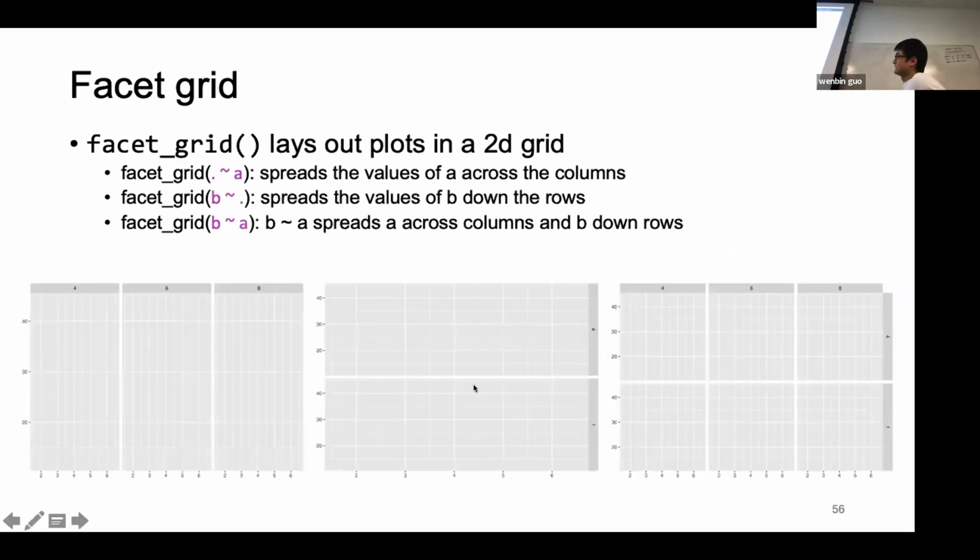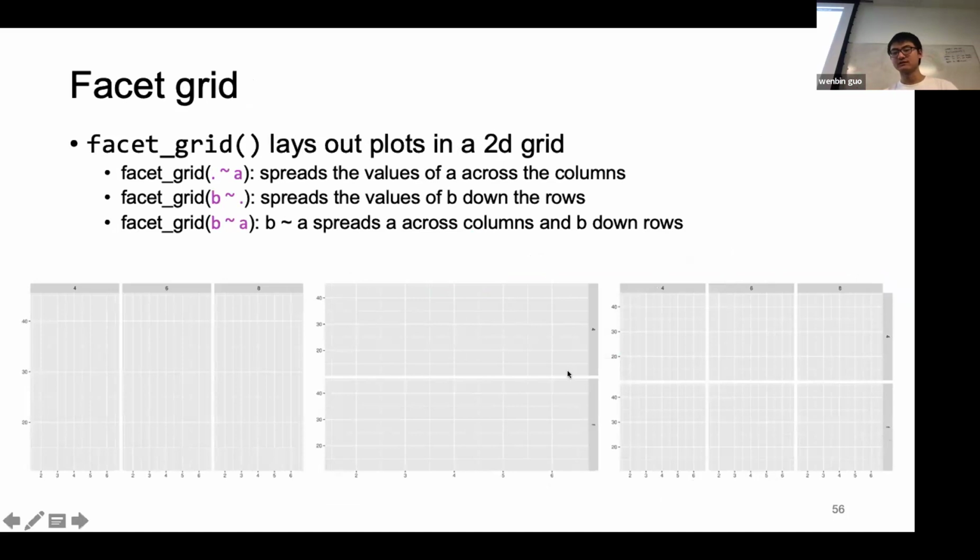So the facet grid is doing something similar, but you actually have 2 variables to control the faceting. So again, for example, you have one variable denoting group 4, group 6, group 8, and another variable denoting it to be either 4 or F. So basically, the facet grid is trying to create a grid of panels.